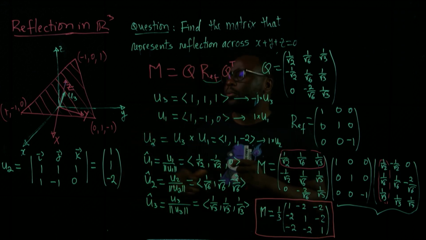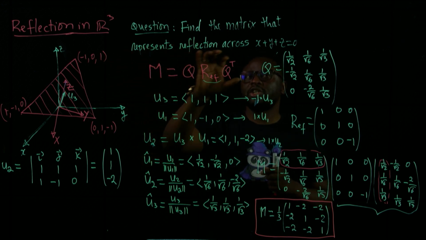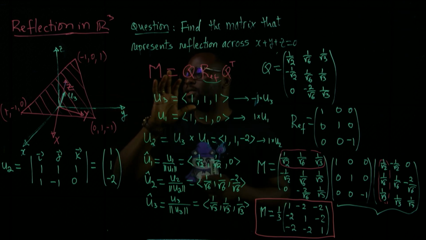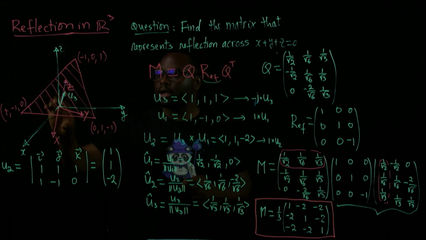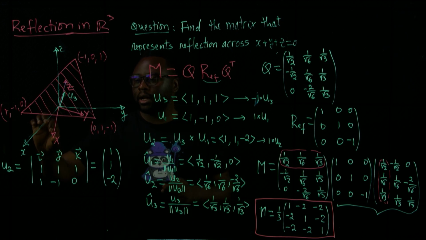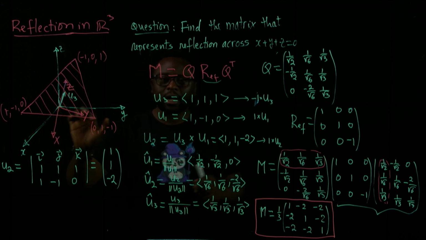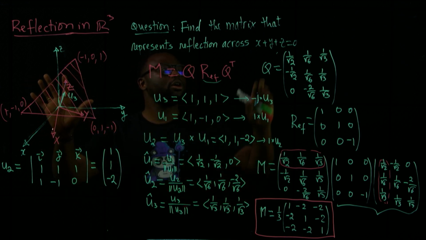So just to wrap up, we have to find the matrix that represents reflection across the plane x plus y plus z is equal to 0. And this is the plane, okay? We then define a new frame, capital X, capital Y, and capital Z, such that capital X and capital Y belong to the plane, because this triangle is the section of our plane.